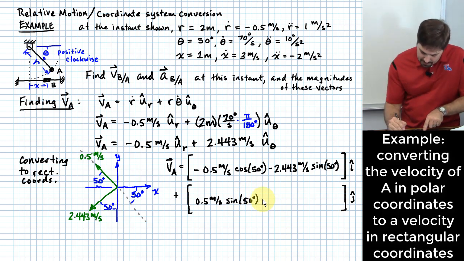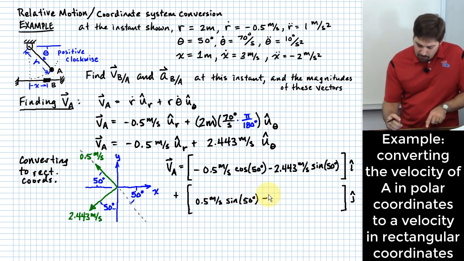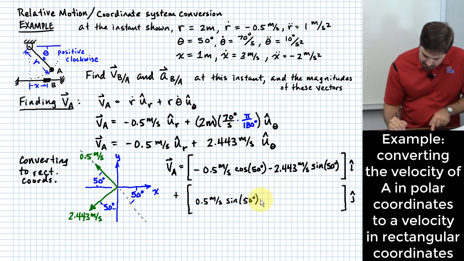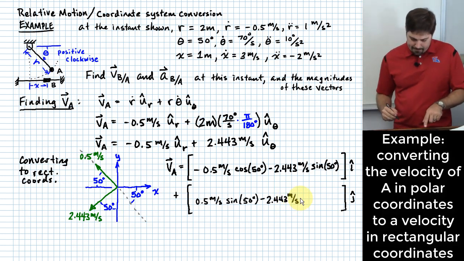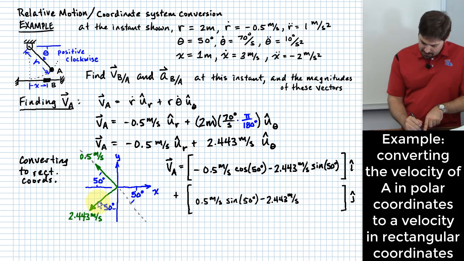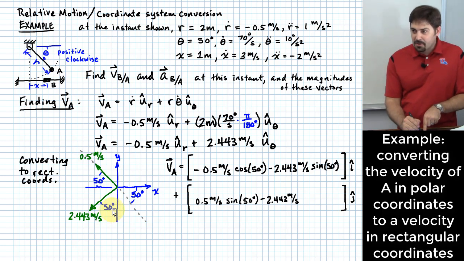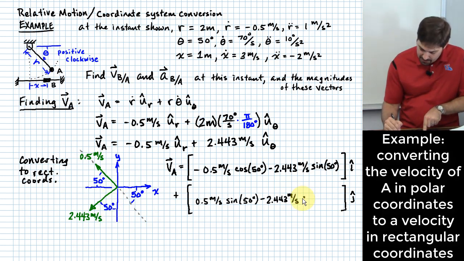And the 2.443 has a negative y component. To get just the component that goes in the y direction, you'll notice that this 50 degrees is adjacent to the y, so I would use a cosine function.